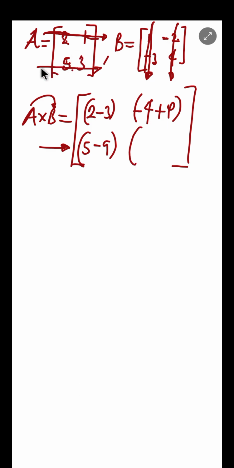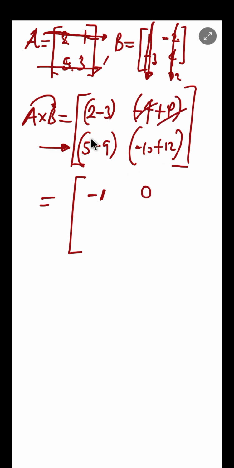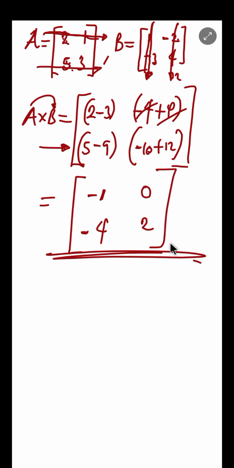This second row will multiply this second column. So 5 times minus 2 is minus 10. And then 3 times 4 is 12. So then you go ahead. The result here gives minus 1, 0 (minus 4 plus 4 is 0). This gives minus 4. And this gives what? This gives 2. So this is the final answer to this.